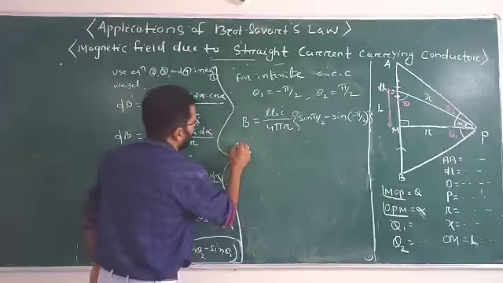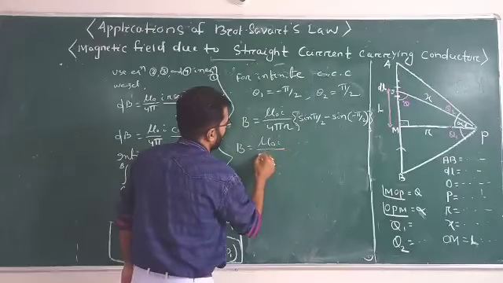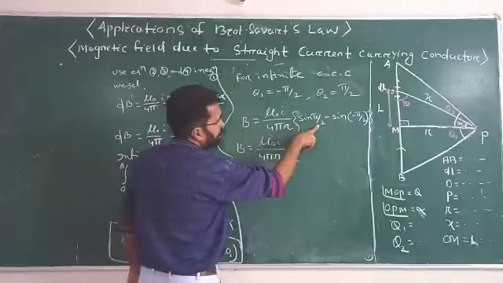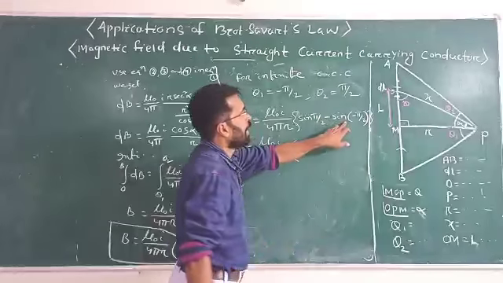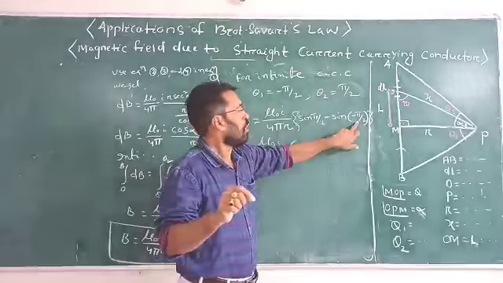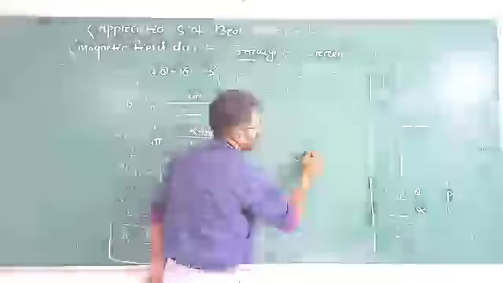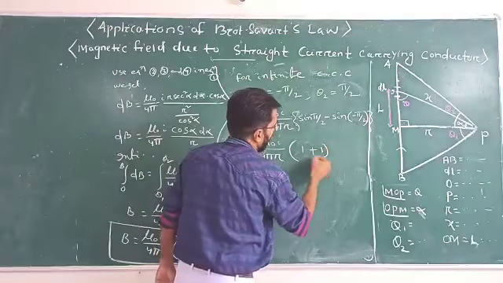Now B is equal to mu naught I upon 4 pi r, and the value of sin pi by 2 is 1. Now sin of minus theta is equal to minus sin theta, so minus sin minus gives plus, and the value of sin 90 is 1.